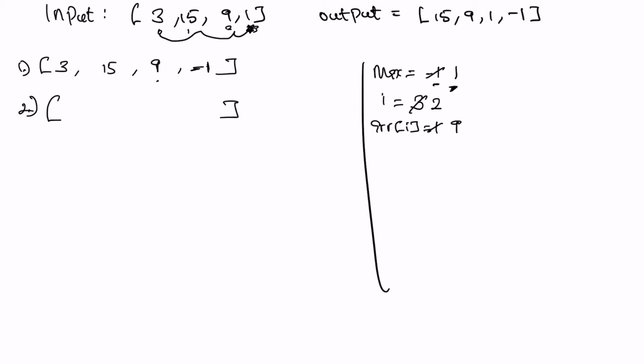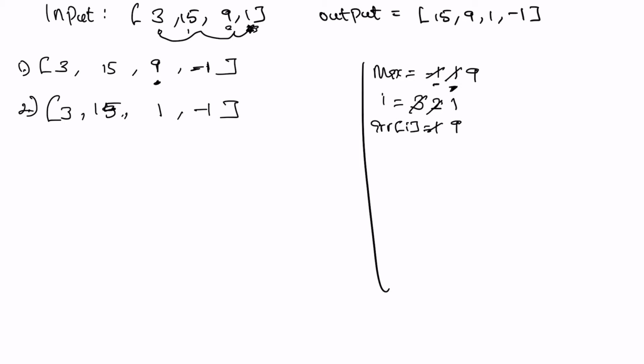So that would be negative 1, 1, 15, and 3. Now we also update our max, so our max is now what was here, 9. So we decrement I by 1, so it becomes 1.